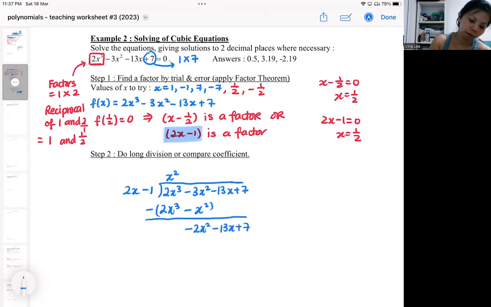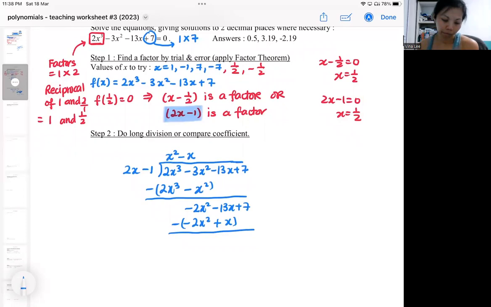So do your long division as per normal. You should be expecting, I wrote something wrongly, it should be a 7.